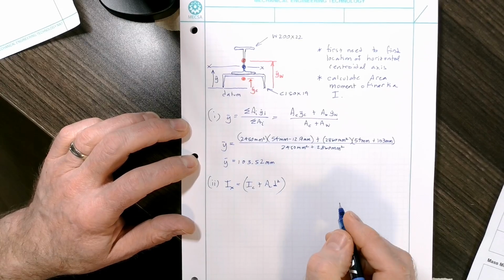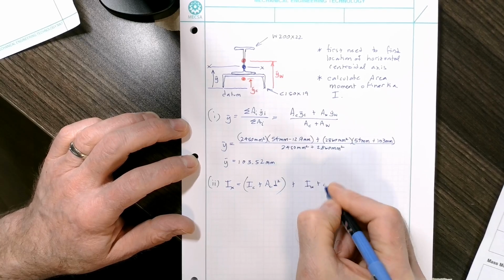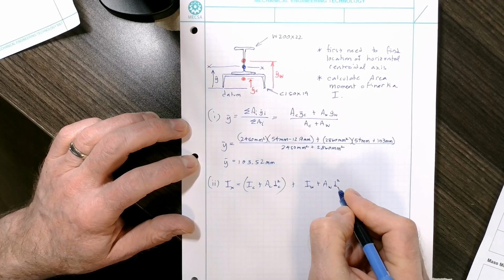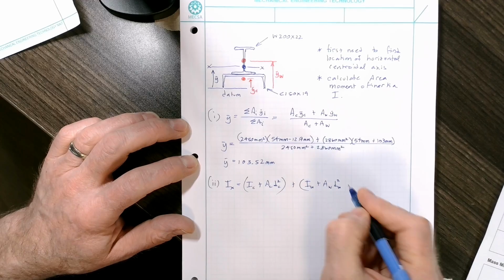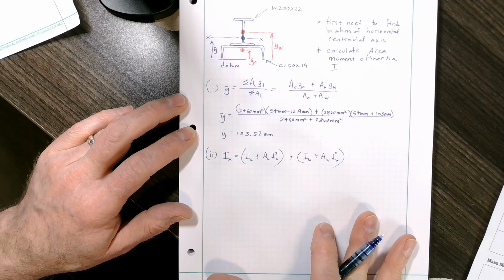So that's the C channel's contribution, plus I wide flange plus area wide flange times distance squared. And I guess I got to put a little subscript on there because they're not the same distance. And that's the wide flange's contribution, all right? Slide this up a little bit.